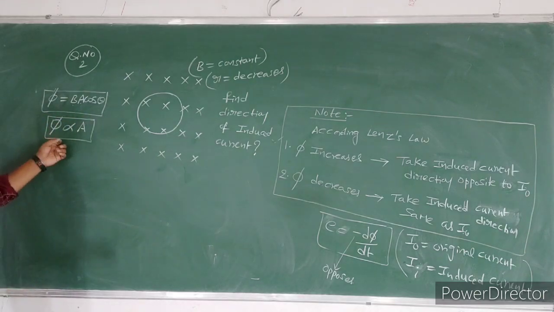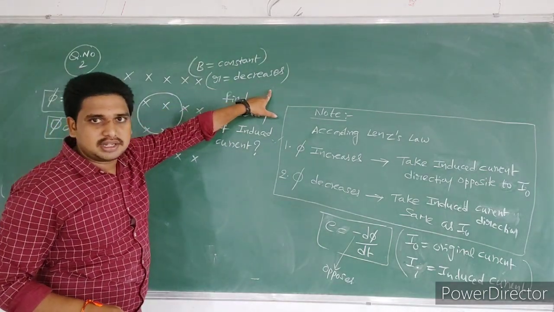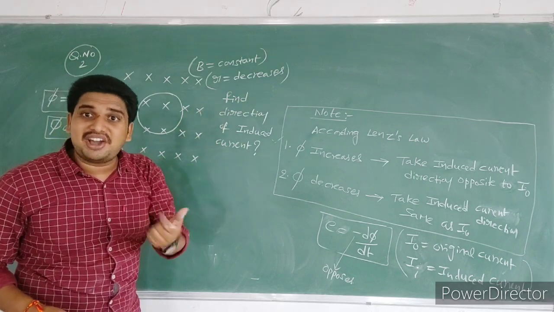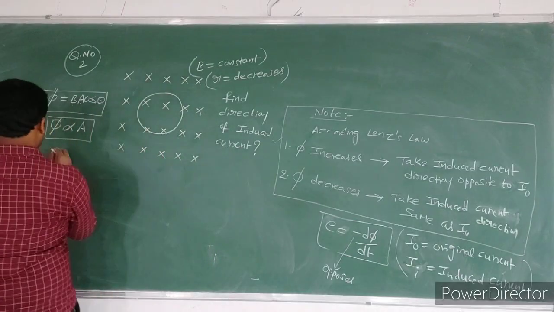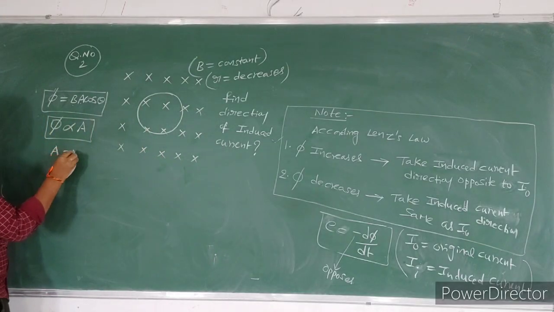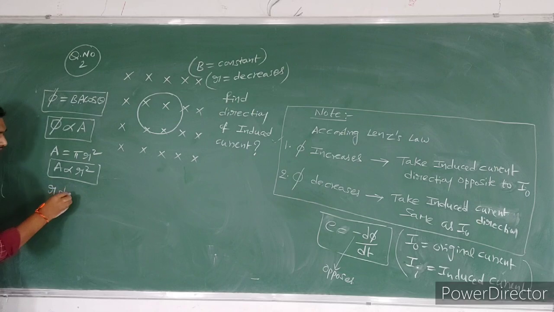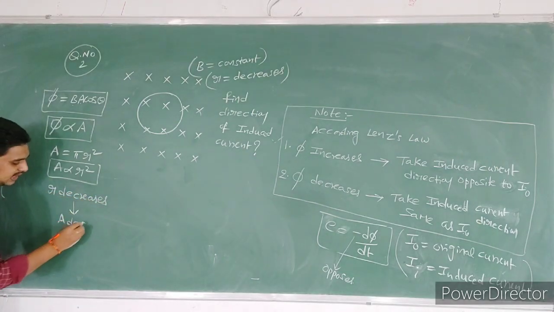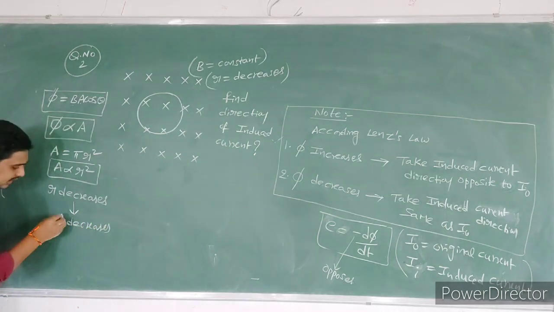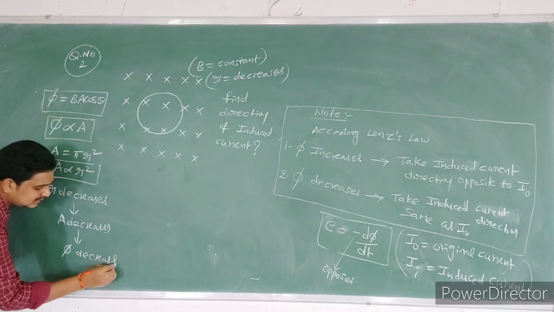Radius decreases means area also decreases, because the area formula is pi r square. Area is directly proportional to r square. If radius decreases, then area decreases. If area decreases, then flux decreases.